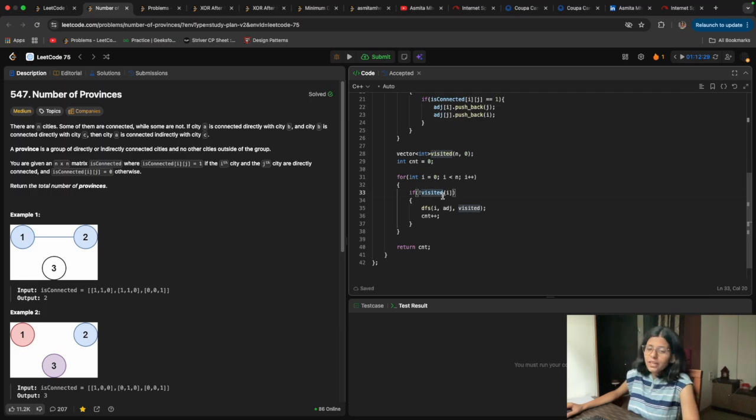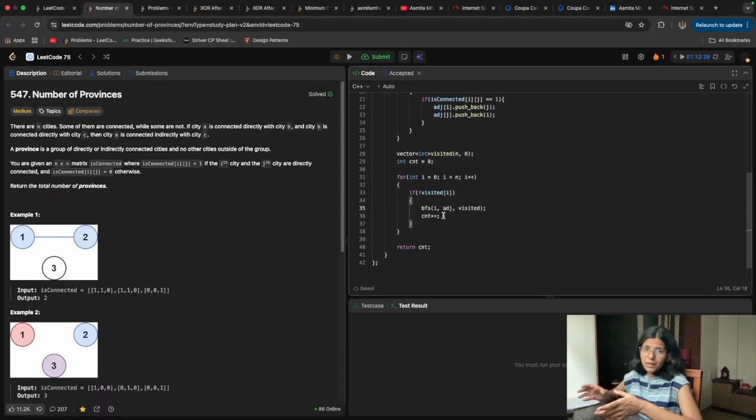If not, then it must be the start of a new province, and we started it using DFS, but this time we will start it using BFS, and then we will increase the count when it covers all the nodes connected to that node, the neighbor nodes, and everyone we can reach from that node.